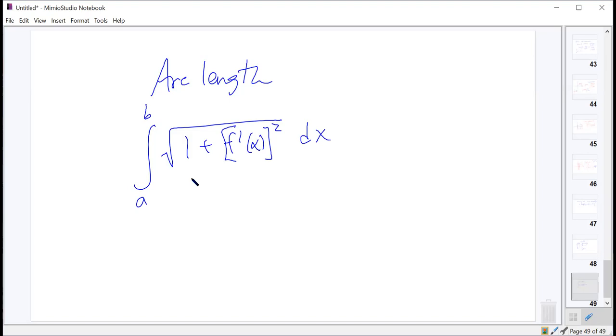But if they're asking you about it, they could put a fairly simple function, something like x squared, to find the arc length of it. Well, when you do x squared, your derivative is going to be 2x, and 2x squared is 4x squared. You're going to get the square root of 1 plus 4x squared.